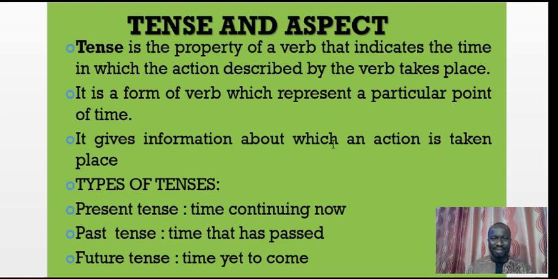So that is the meaning of the tense. It shows the time a certain action takes place. Either it is in the present form, or it happened in the past, or it is going to happen in the future. So that is what tense is.